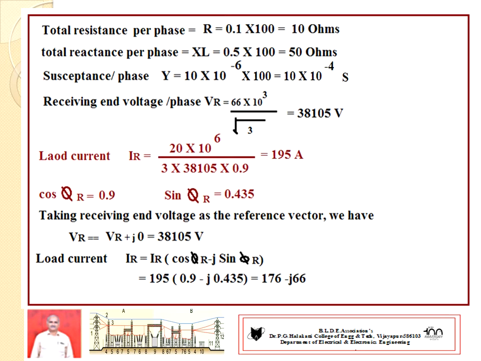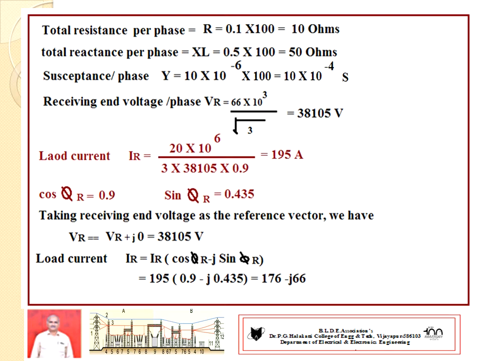Taking the receiving end voltage as the reference, we have VR equal to VR plus J0, because it is a reference vector. Already you calculated the load current, apply in complex terms.